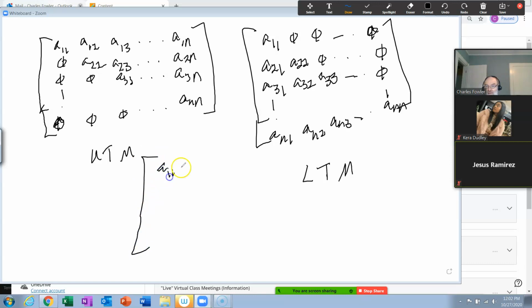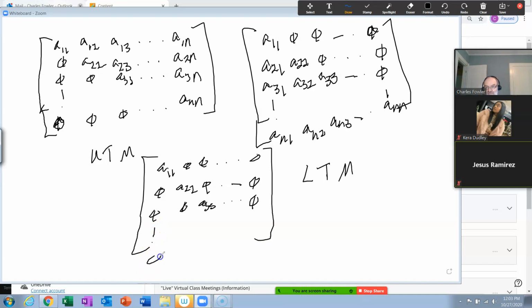A1,1, 0, 0, dot, dot, dot, 0, 0, A2,2, 0, dot, dot, dot, 0, 0, 0, A3,3, dot, dot, dot, 0, dot, dot, dot, 0, 0, 0, dot, dot, dot, A sub n n, and this is also 0, dot, dot, dot.